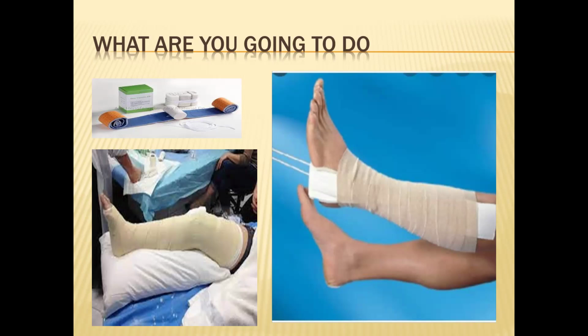The blind end we can fix with the foot, okay, and the open ends we can roll on the lateral aspects of the limb, and we can roll it with a crepe bandage. In this way we will immobilize the lower limb, and we should hang the weight with this.